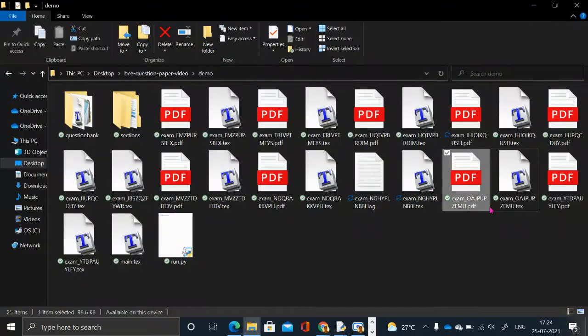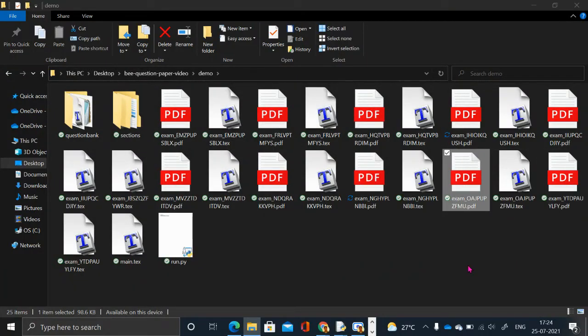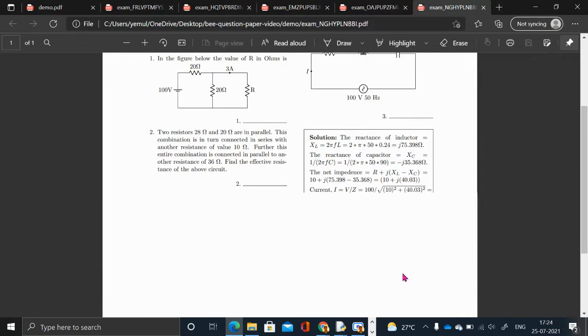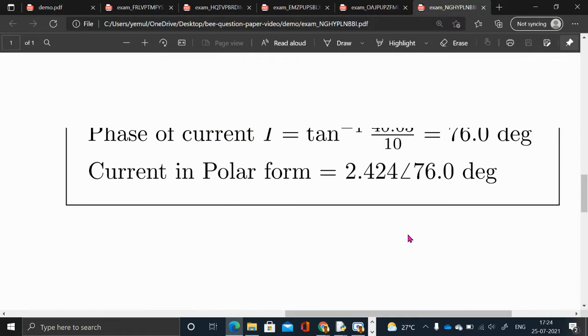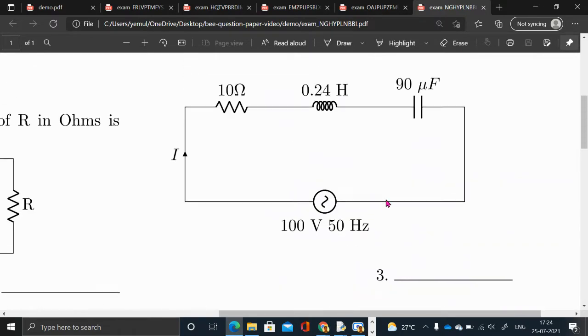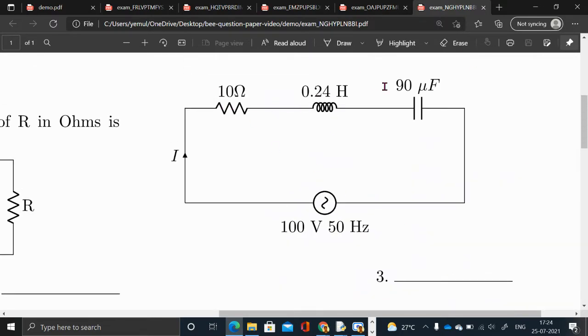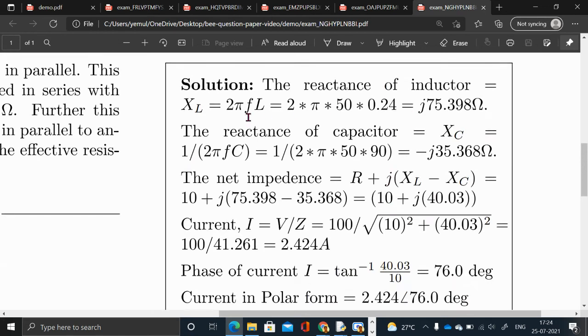So again, I generated two exams. Probably this might be one of the newer files. Yes, now the resistance is also coming. Here I can see the question: 10 ohms, 0.24 and 90. With 0.24 it is 75 ohms, and for 90 microfarad it is this.